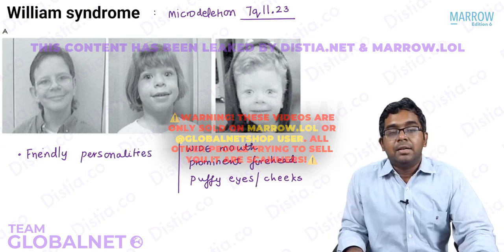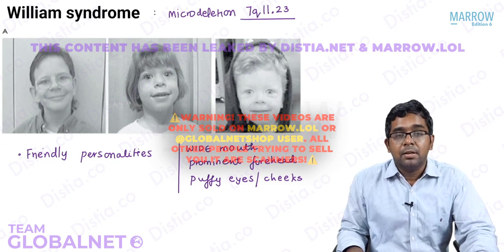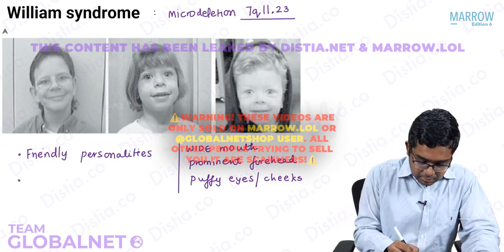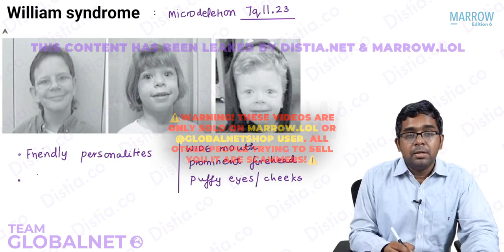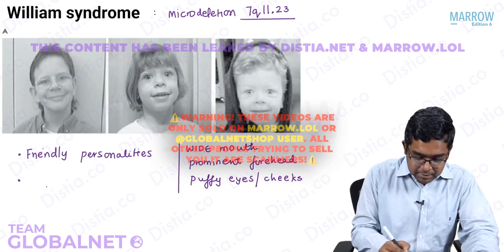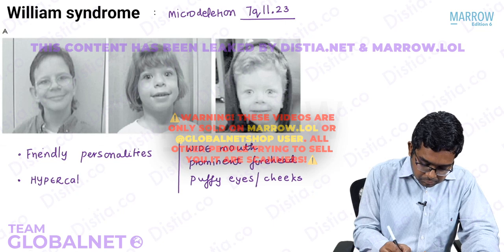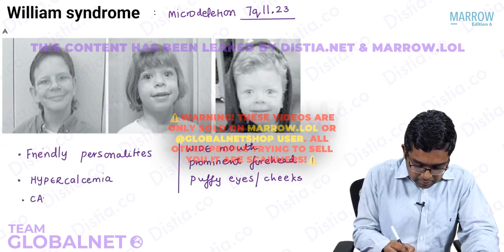There are some associated problems in Williams syndrome as well. First is the calcium problem. Previously in DiGeorge syndrome, I told you hypocalcemia, but here it is hypercalcemia. Second is the cardiac defects.